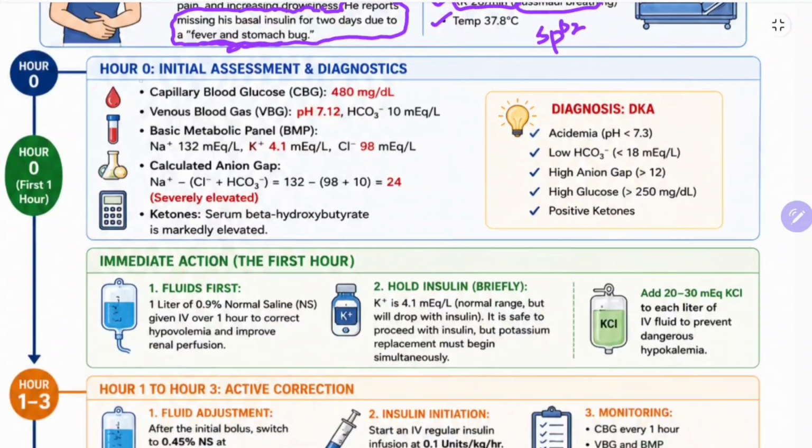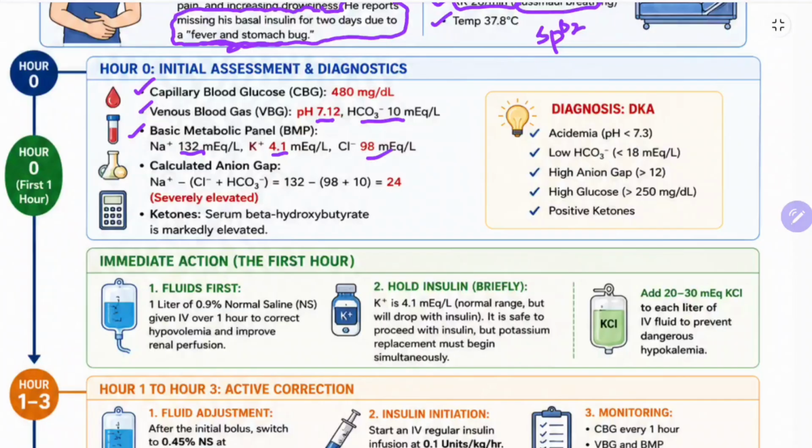Now, initial assessment and diagnostics. His capillary blood glucose was 480. In venous blood gases, pH was 7.12, meeting the criteria: it is less than 7.3 but more than 7, so it is moderate diabetic ketoacidosis. Bicarbonate of 10. Basic metabolic panel: sodium is 132, potassium is 4.1, between 3.3 and 5, chloride is 98.